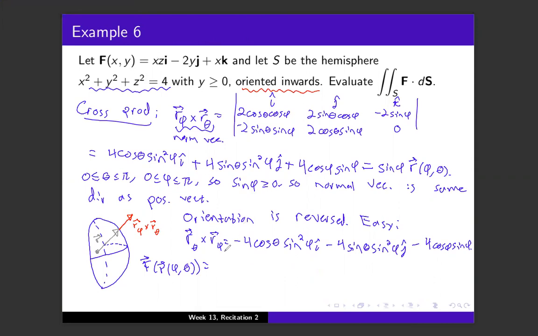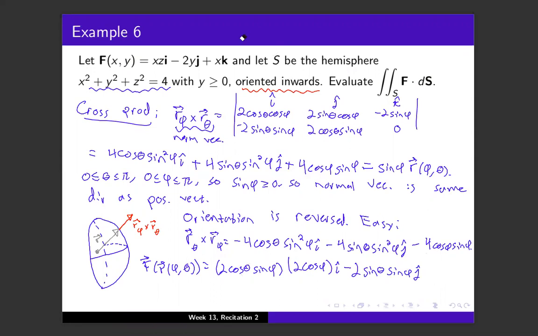So f of r of phi theta. Okay, plugging in what I meant to plug in, because in this case x is 2 cosine theta sine phi. z is 2 cosine phi i minus 2 sine theta sine phi j.